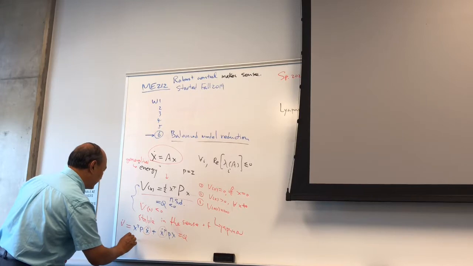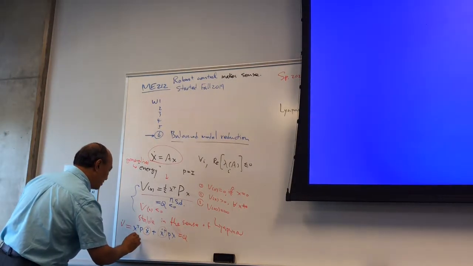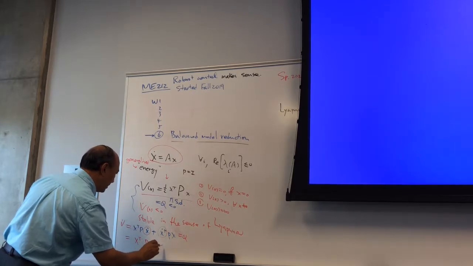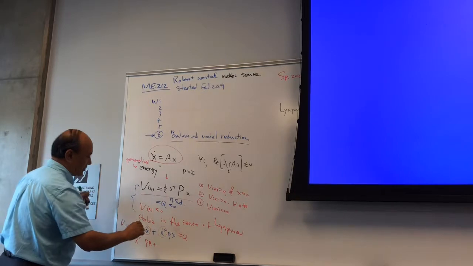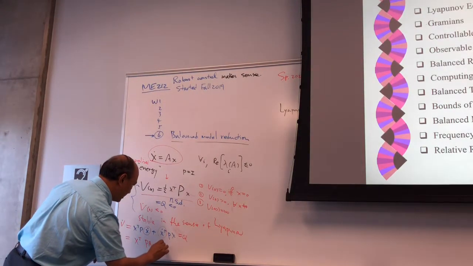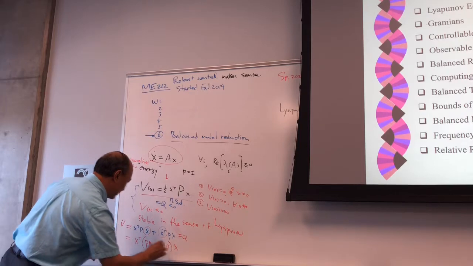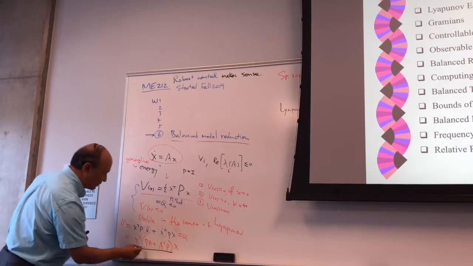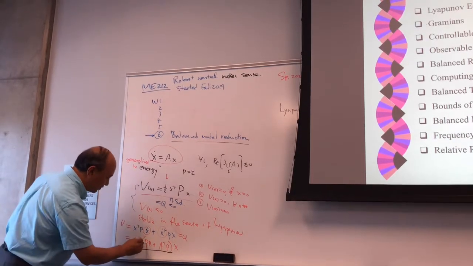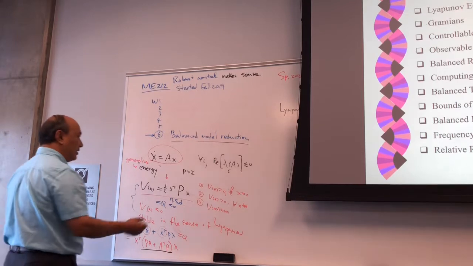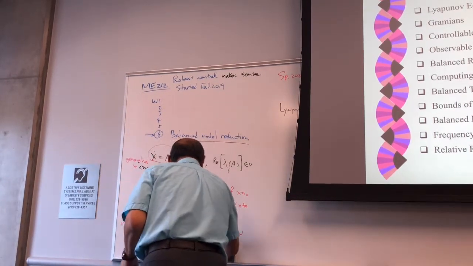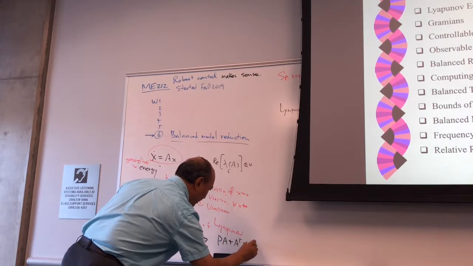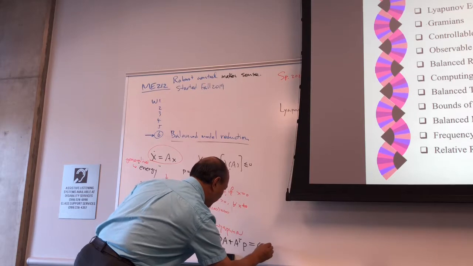So in the end, you have x transpose (PA plus A transpose P) x. Okay, so this is still a quadratic form. If we want a negative semi-definite, you write PA plus A transpose P equals Q, less than 0.